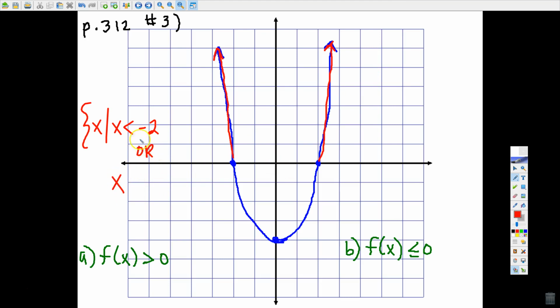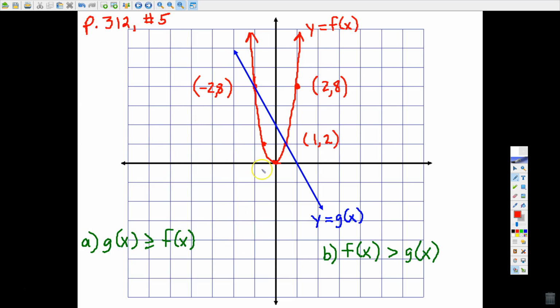So we got a two-part answer for x: all the numbers less than -2. Notice I did not say or equal to, because the problem does not say or equal to. So all the numbers less than -2 for this side, or all the numbers greater than +2 for this side. All right, and that's the answer for number 3.